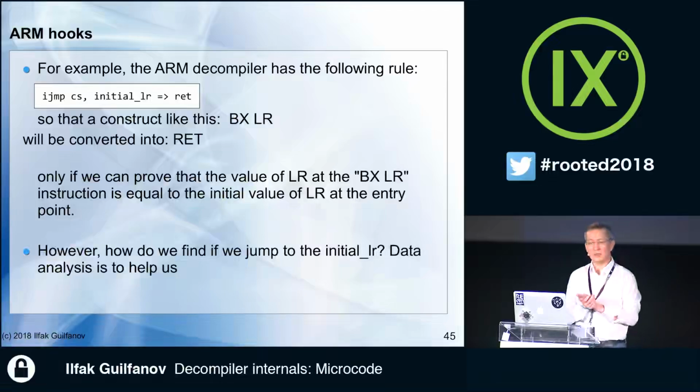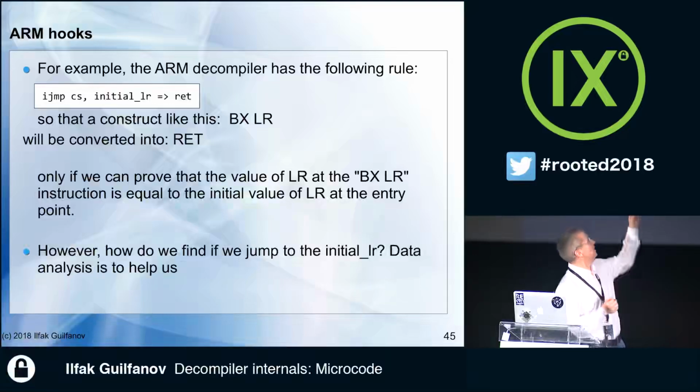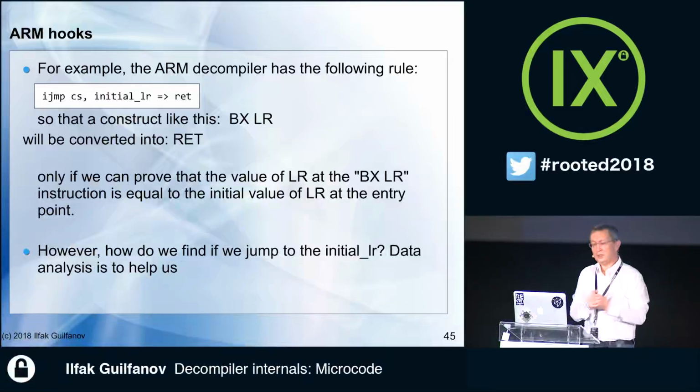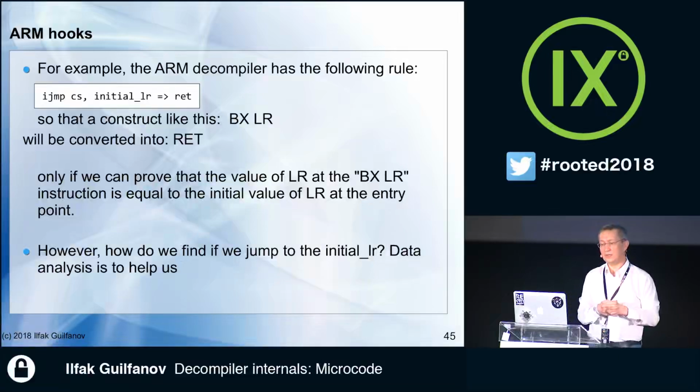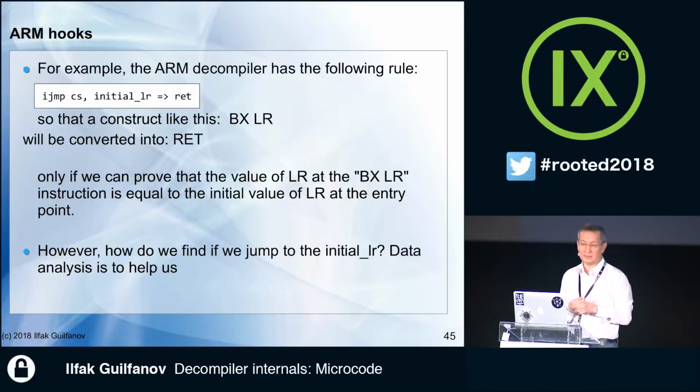For example, the ARM decompiler has the following rule. If we have an indirect jump using the initial value of the LR register, usually it means bxlr, it is the same thing as return. The ARM programs have the return instruction disguised. They use bxlr instead of ret.